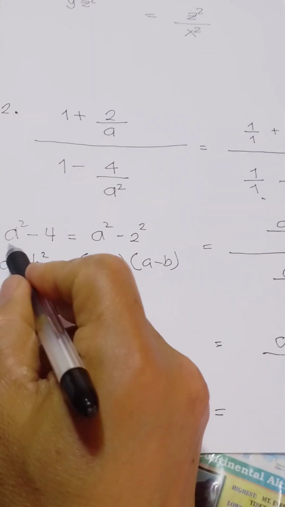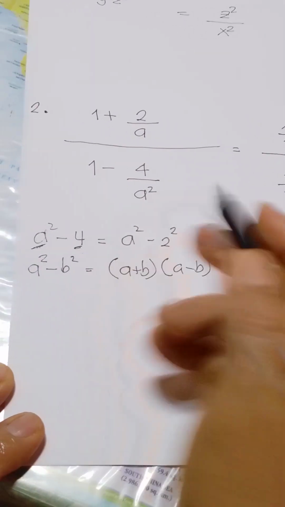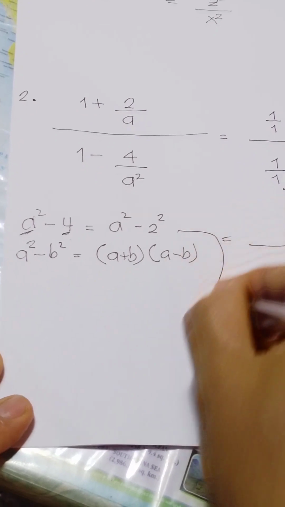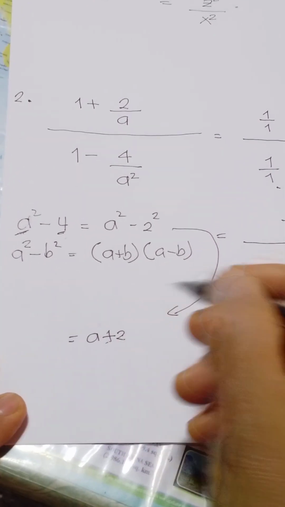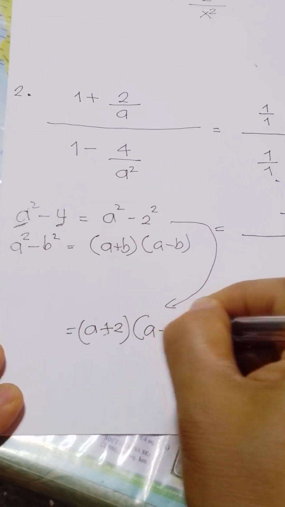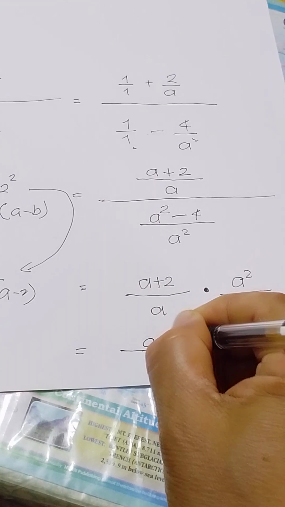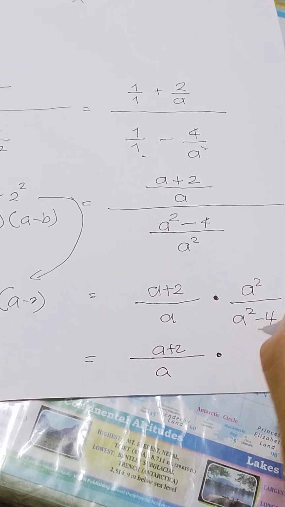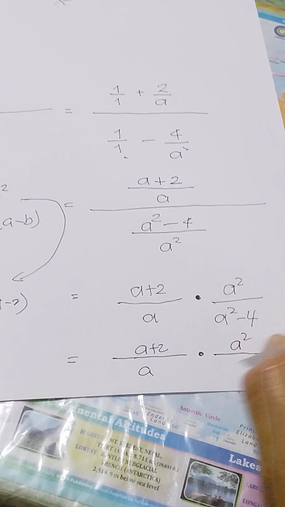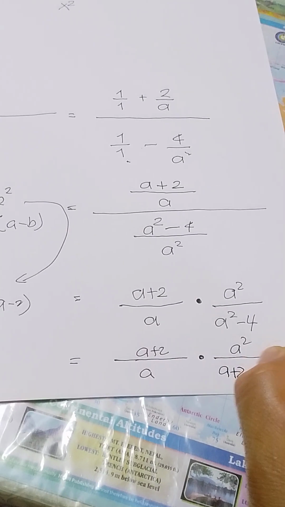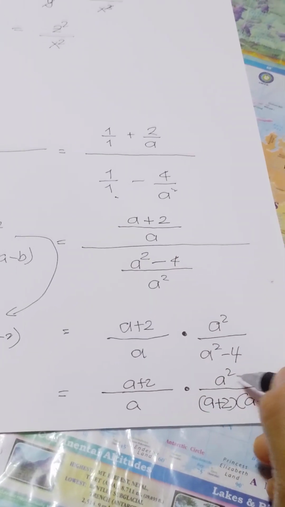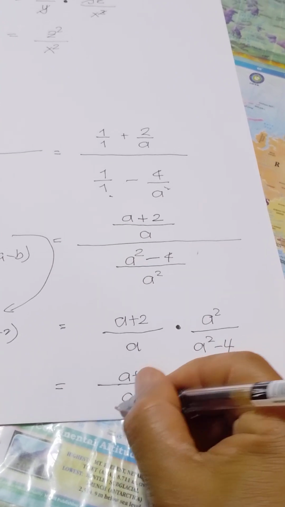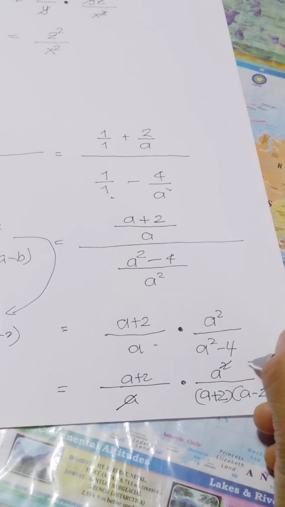Since this is our a and this is our b, we come up with a plus 2 and a minus 2. So I can write here a plus 2 over a times a squared over a plus 2 times a minus 2. Since I have here a squared and a, I cross out one a. So this will be a.